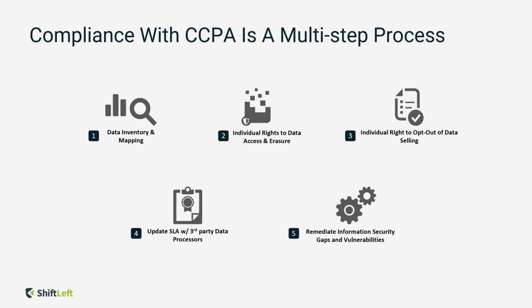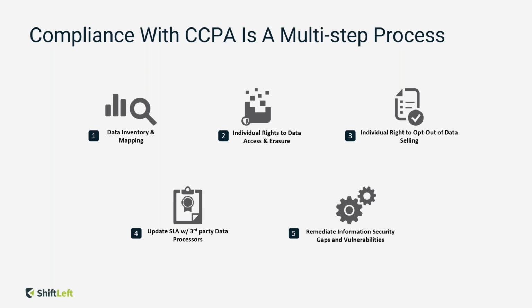So starting off with data inventory and mapping, what this means is finding out where you're collecting and processing data that falls under the scope of the CCPA. Steps 2, 3, and 4 normally involve putting in options on, say, your website or having a process in place where customers can avail of those rights.